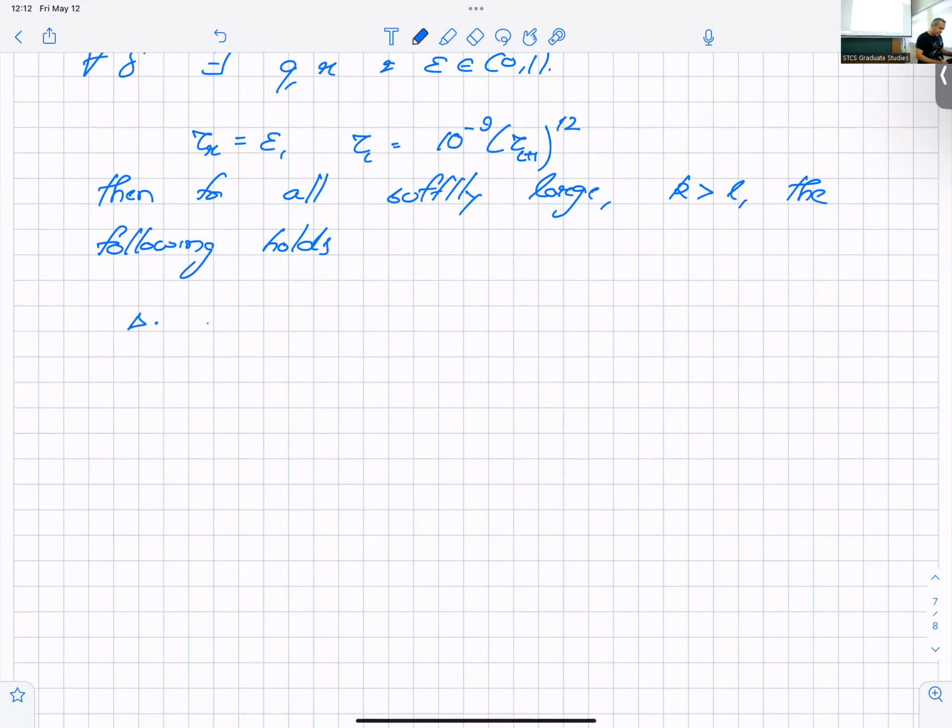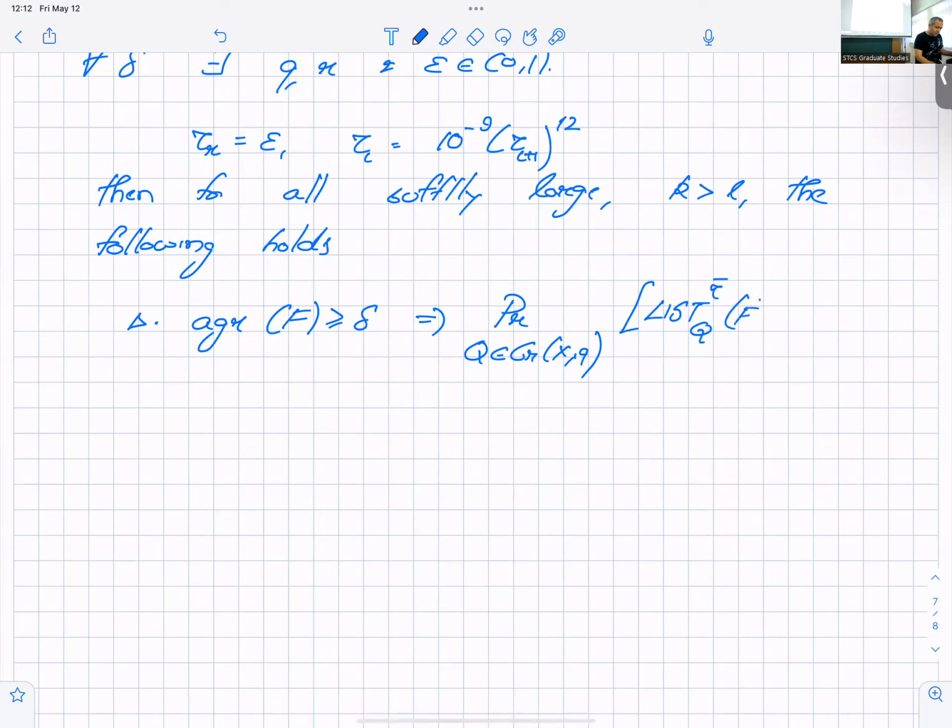One, if agreement of F is greater than or equal to delta, that is, F passes the test, then the probability that when I pick Q from the Grassmannian X_Q, this list tau prime Q of F is not empty, is at least alpha.